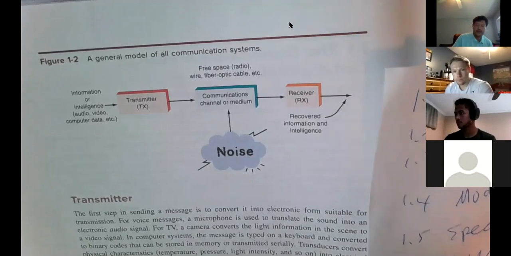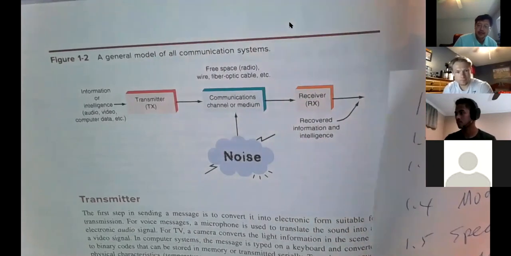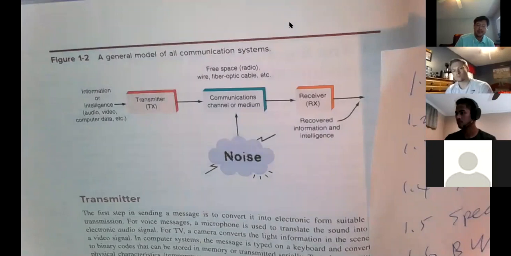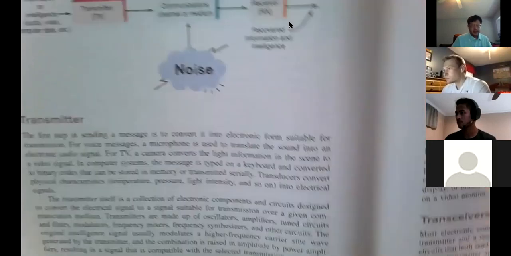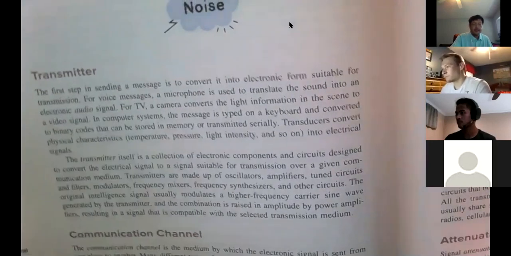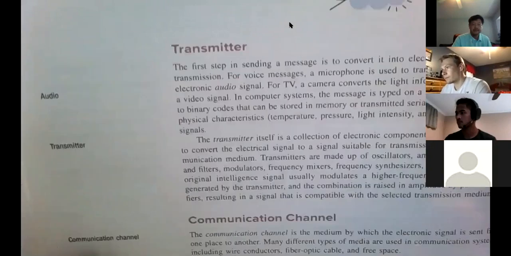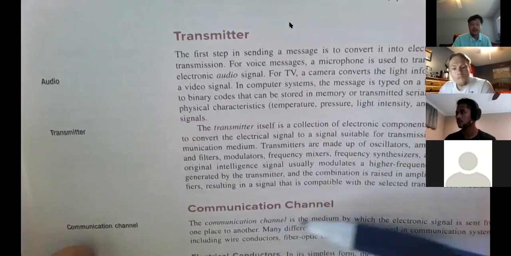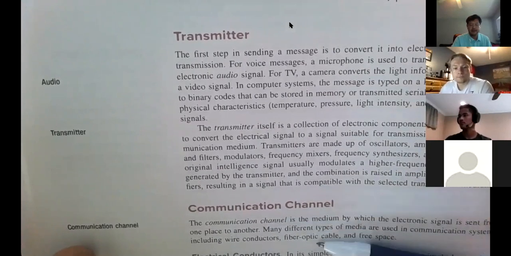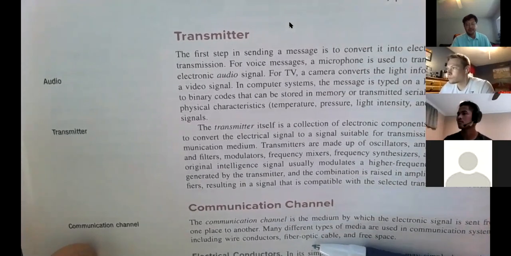It's a transmitter and receiver. We just created one new word called transceiver. So we have a transmitter, we have a media, sometimes we call it a channel, RF channels.